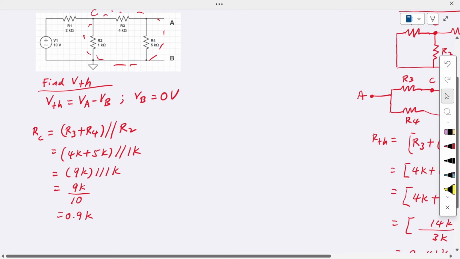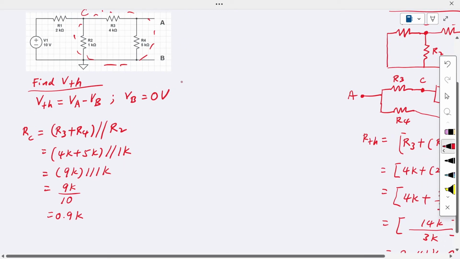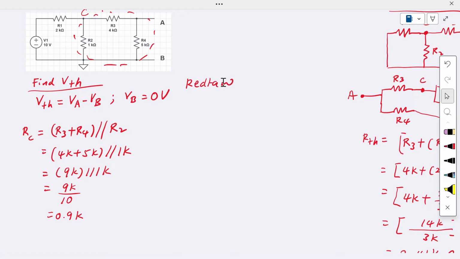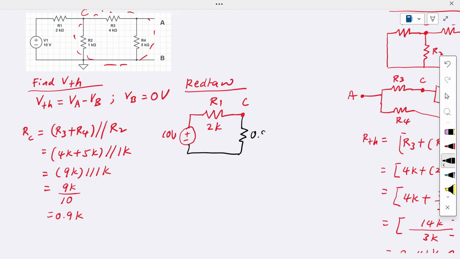Okay, after we find the RC network, we redraw the circuit here. So this is our 10 volt. Now it's connected to R1, which is 2K. So this is our C node. Now we're going to replace this with the equivalent circuit that we just calculated, 0.9K. Okay.